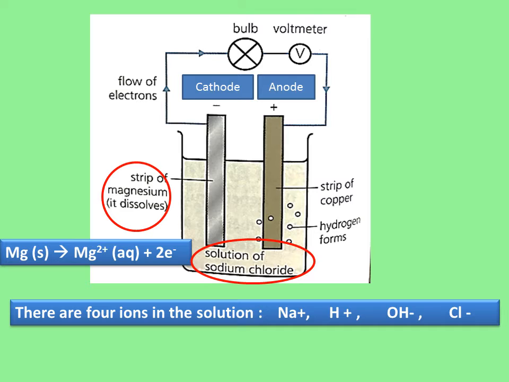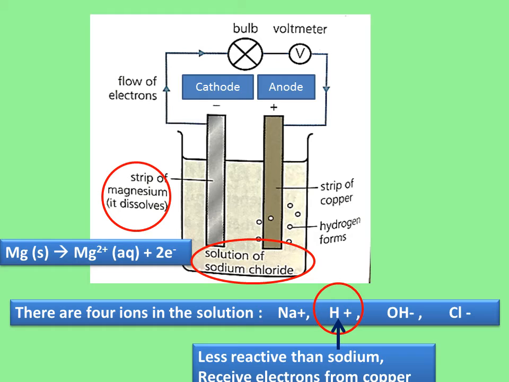Either sodium ion will receive electron or hydrogen ion will receive electron. The answer is hydrogen ion will receive electron because it is less reactive than sodium, so it will receive electron from the copper. So hydrogen ion receives electron and becomes hydrogen gas. So you will see bubbles produced at the copper strip.